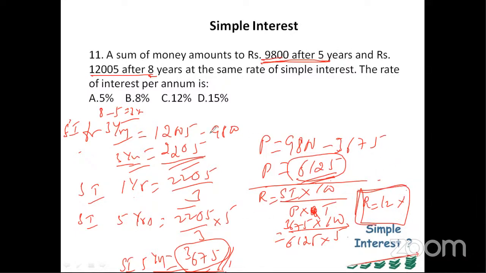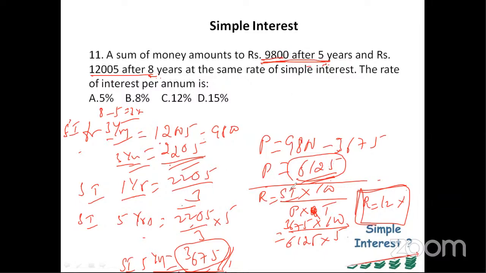Okay, how did we do this? Let me repeat. These are some common questions. They will give you a sum of money that amounts to something for 5 years, something for 8 years. We just simply did the subtraction. We know 8 minus 5 means 3 years. Whatever difference we got is the simple interest for 3 years. We calculate how much it is for 1 year. And in the question, the first point given is for 5 years, so we calculated simple interest for 5 years.